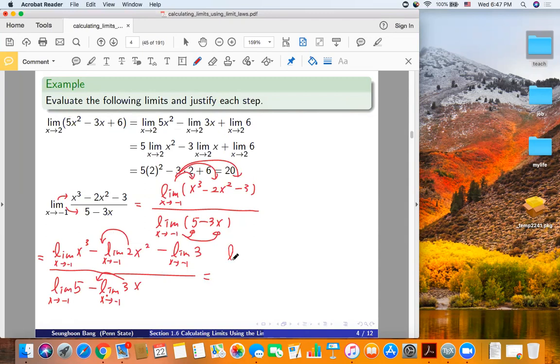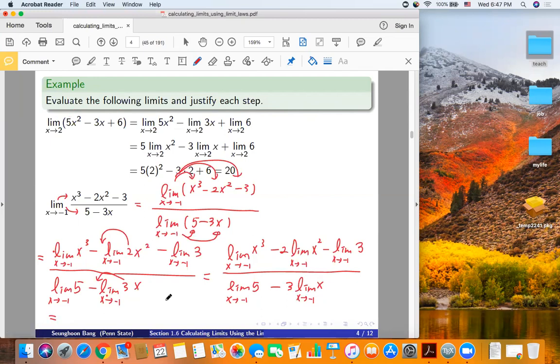So we have the limit as x approaches minus 1 of x cubed, minus 2 times the limit as x approaches minus 1 of x squared, minus the limit as x approaches minus 1 of 3, over the limit of 5 as x approaches minus 1, minus 3 times the limit of x as x approaches minus 1. These are all the steps.